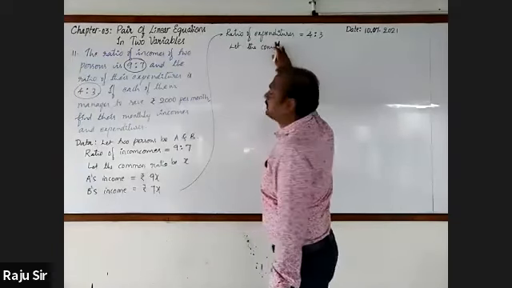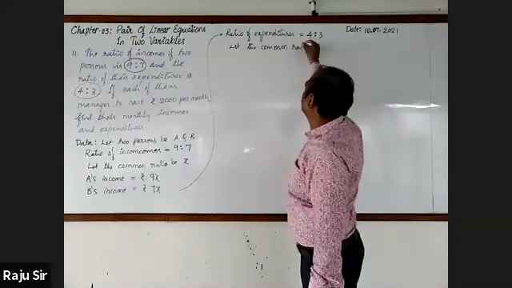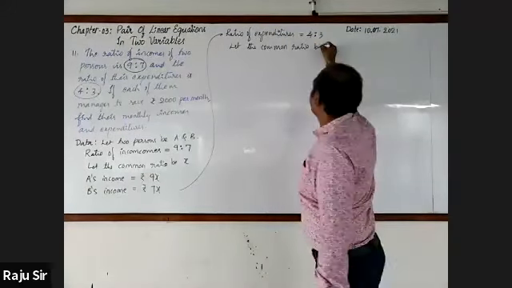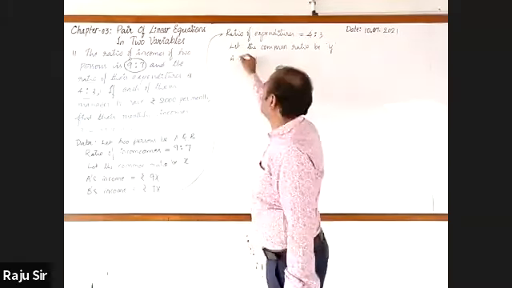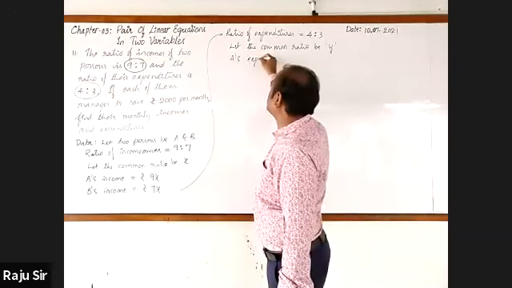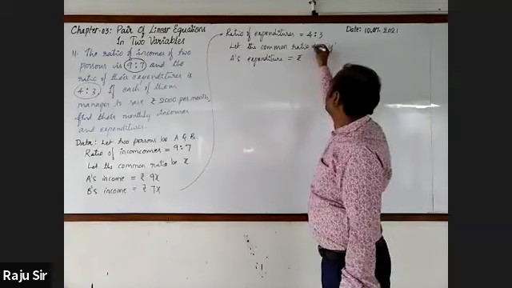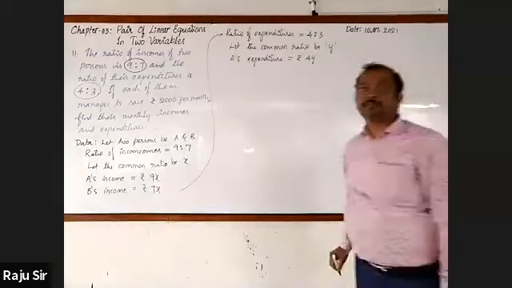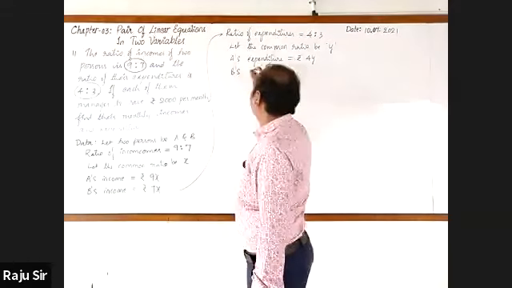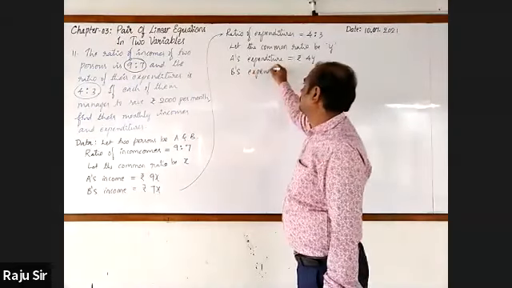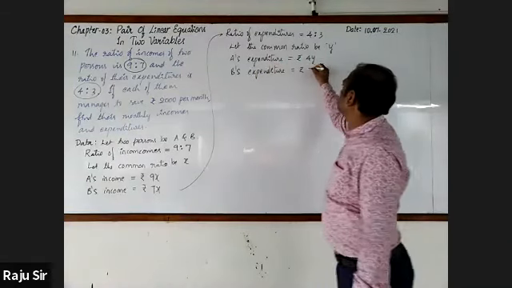Let this common ratio be y. Then A's expenditure is equal to rupees 4y. Similarly, expenditure made by B is rupees 3y.